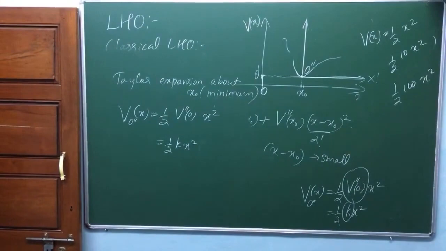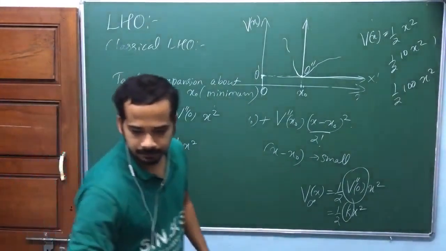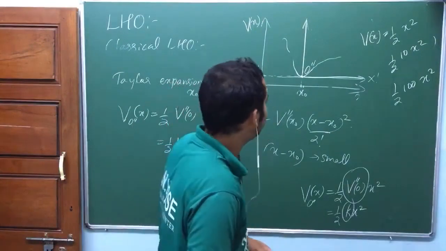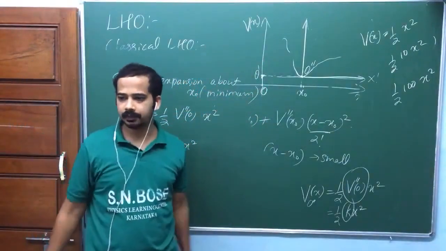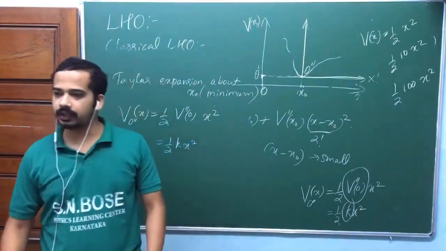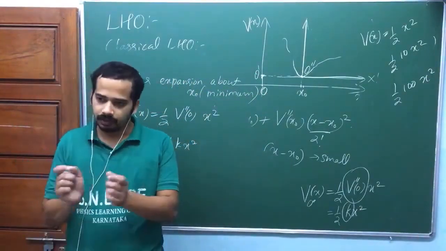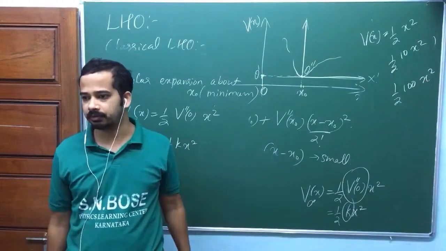No. Again, what I'm saying is, in practice, in the lab, you will not have an ideal parabolic potential. You will have some weird kind of shape. There also you can have simple harmonic motion, but as long as amplitude is small.